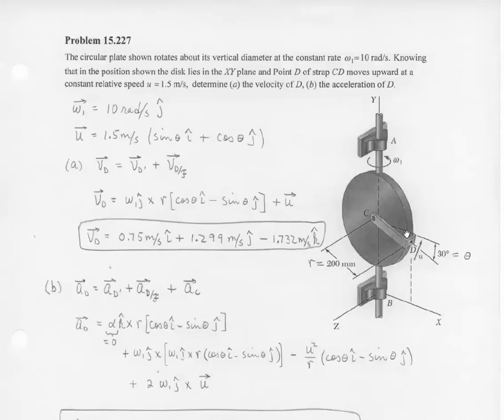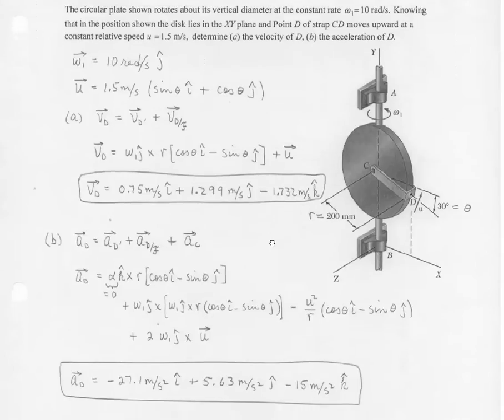So it's a third quadrant angle there with a value of r for magnitude, and it's going to have a cosine theta i minus sine theta j for its direction. And then you've got plus u, which we've already written out right here. So when you combine all your terms together, you'll end up with 0.75 meters per second i plus 1.299 meters per second j minus 1.732 meters per second k.